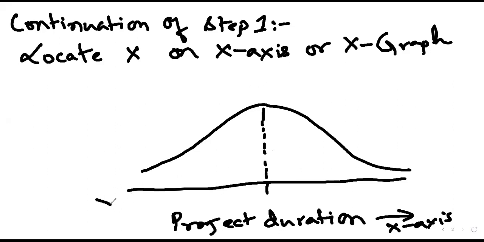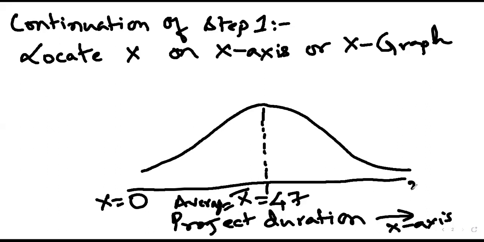So what should be this value here? Anyone remembers this? We have done this in the first semester. 0. What should be this value? 47. Average, correct? Alright. So what should be this value? Anyone? Infinity. Correct. So in general, we are calling this infinity.